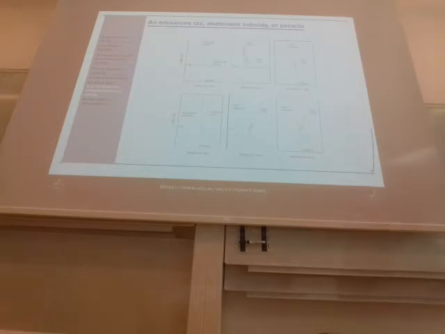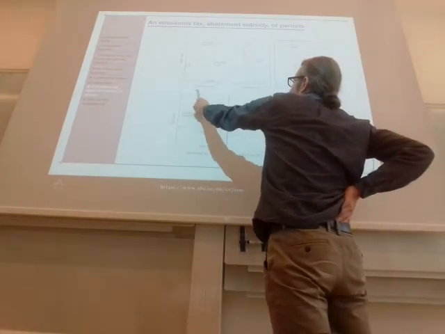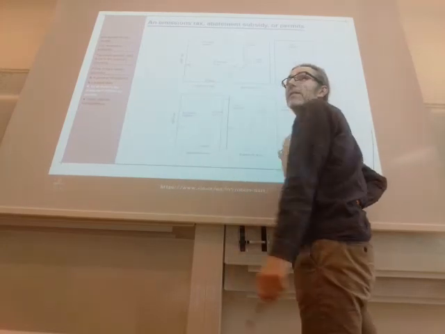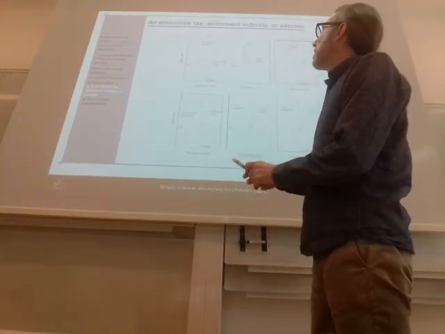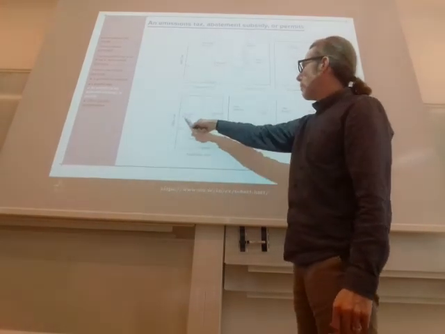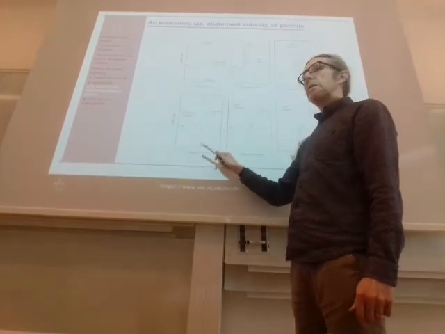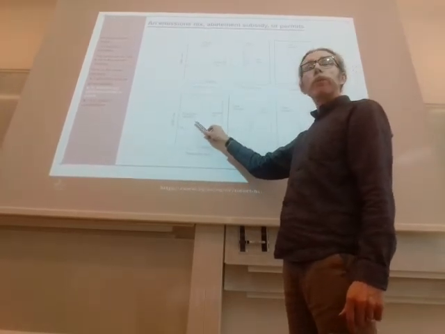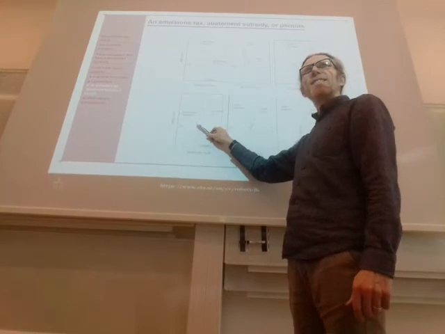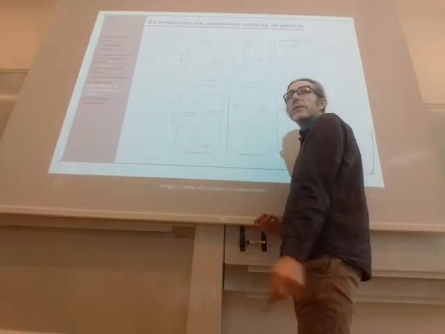So what's going on here? We're in an abatement framework here, and this is benefits of abatement. So this has to do with the damages caused by pollution, because when you abate, you have less damages.